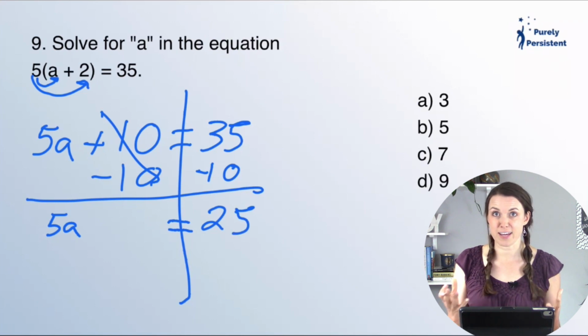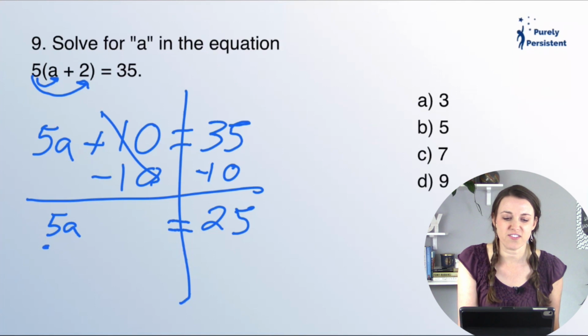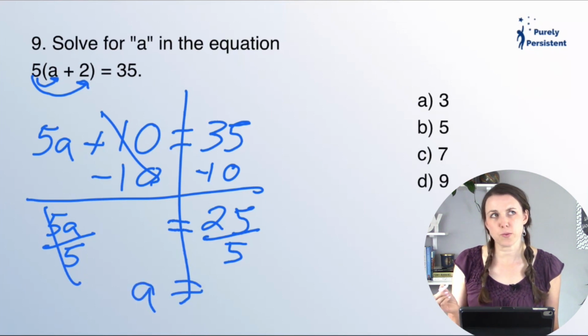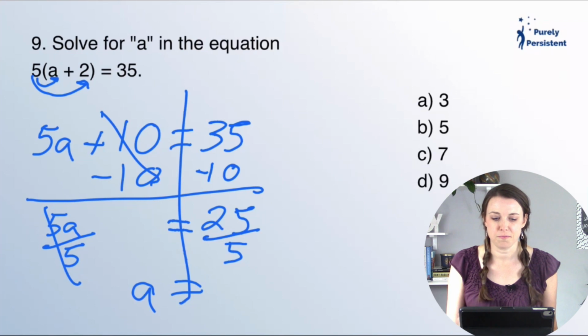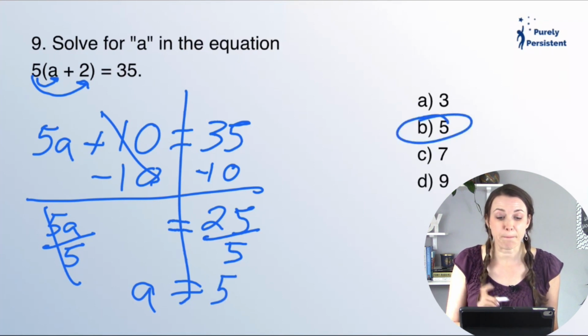So now, how do I get my A alone? I divide, right? Let's get rid of this 5 here on both sides. This cancels out, and I'm left with A equals, what is 25 divided by 5? 5. So my answer here is B, A equals 5.